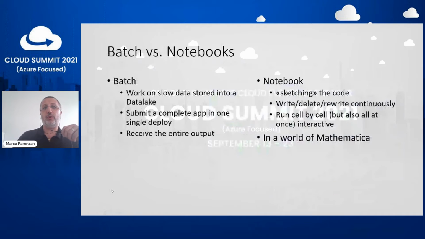When you work with Spark, you find a couple of scenarios: batch processing and notebooks. Batch processing means you create a script, a program that you run on Spark. You load the data, Spark works with the data, and then you obtain your results.